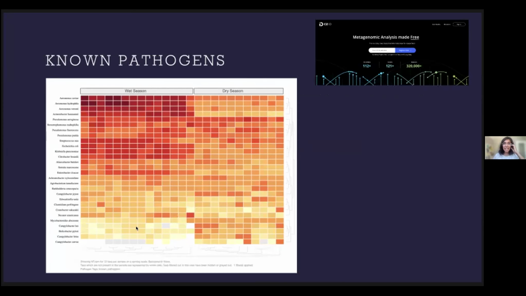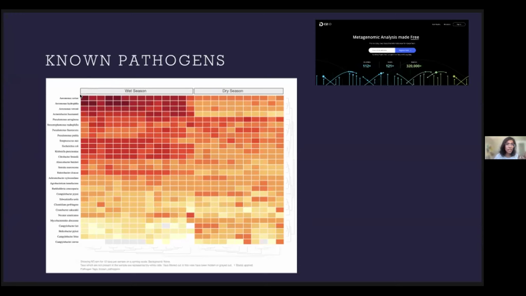So what you can see in this figure is influent, which means wastewater that has not been treated. Just after it leaves the toilets in the pipes, it reaches the wastewater treatment facility but has not been treated just yet. This is from the wet season on the left, and this is from the dry season on the right. Every column of cells is one sample.